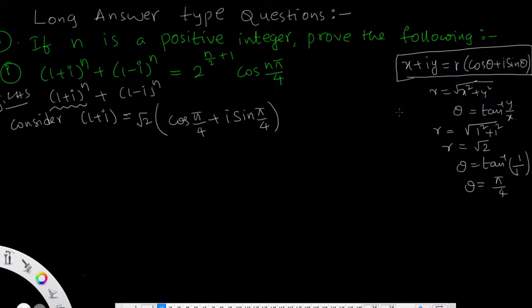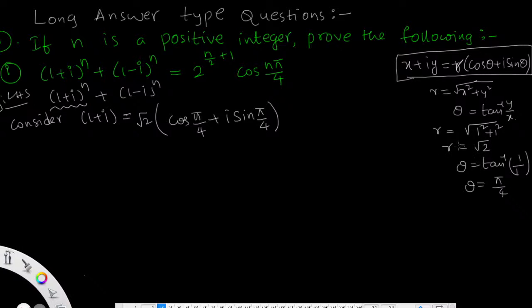The formula for any complex number x plus iy in modulus amplitude form is r into cos theta plus i sin theta, where r equals root over x square plus y square and theta is the argument, tan inverse of y by x, when x is positive. Now substitute for 1 plus i: root over 1 plus 1, don't write i square, the coefficient of i is 1, that is root 2.